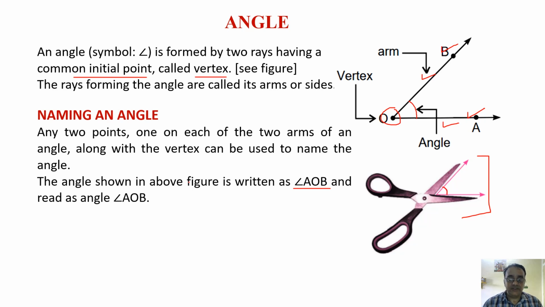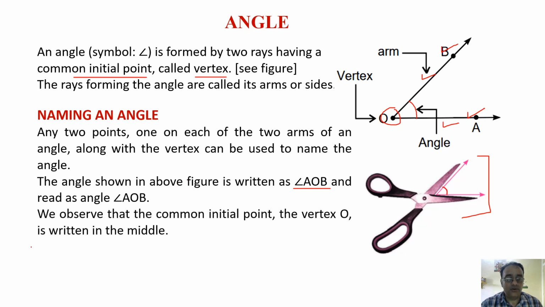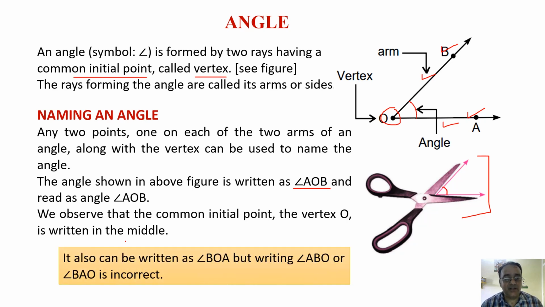So we observe that the common vertex is always written in the middle. The common initial point, the vertex O, is written in the middle. So if we write it as BAO or ABO, that will be wrong, because O is the vertex and it should be in the middle. It can also be written as angle BOA, but writing angle ABO or angle BAO is incorrect.